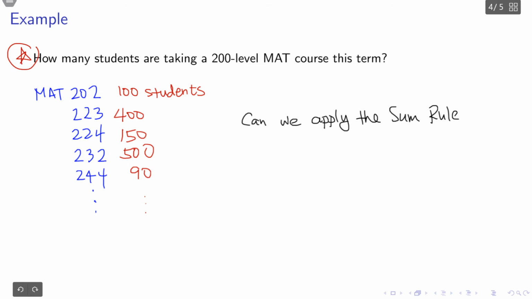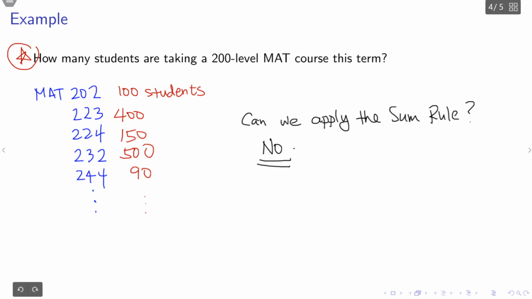So think about this for a moment and pause the video right now. Okay, did you try it? The answer here is no. We cannot apply the sum rule. This is because we don't have a partition of the set that we're counting, which is the set of all students taking 200 level math courses this term.